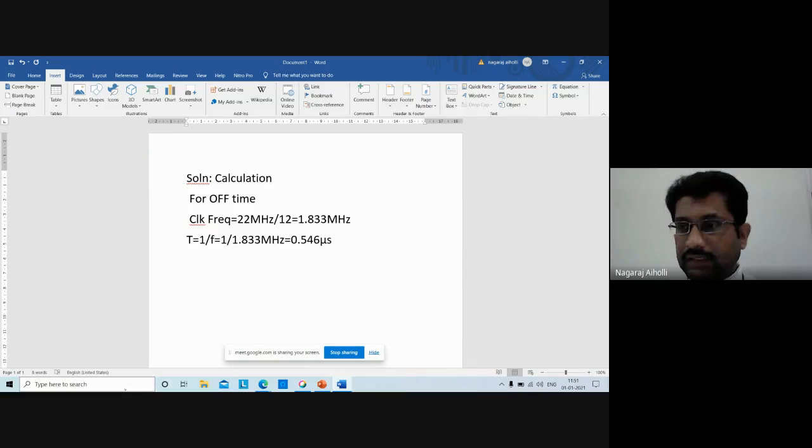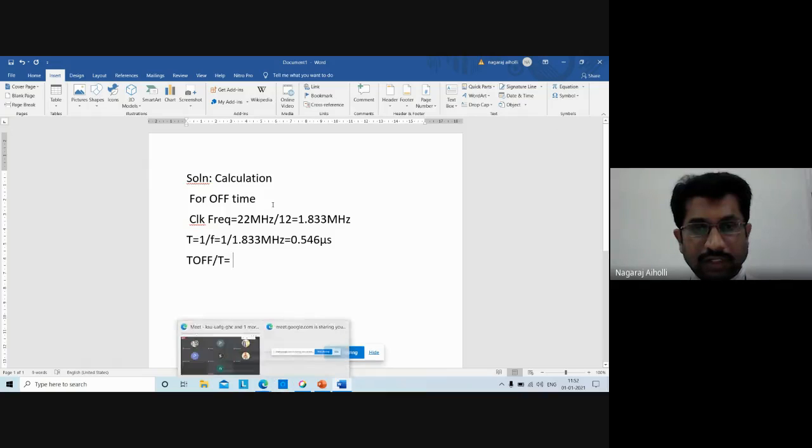Once we have calculated the time period, the number of clock cycles required for the timer to count is given by the formula T off divided by T. For off time, they have given 10 milliseconds of the square waveform.